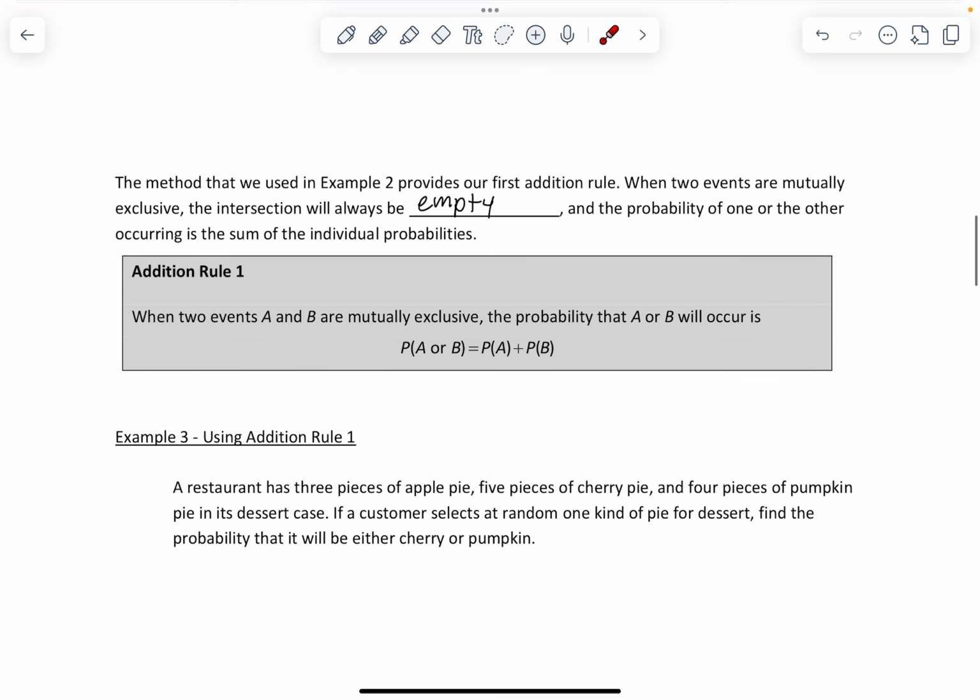Okay, so let's look at another example. A restaurant has 3 pieces of apple pie, 5 pieces of cherry pie, and 4 pieces of pumpkin pie in its dessert case. If a customer selects at random one kind of pie for dessert, find the probability that it will be either cherry or pumpkin.